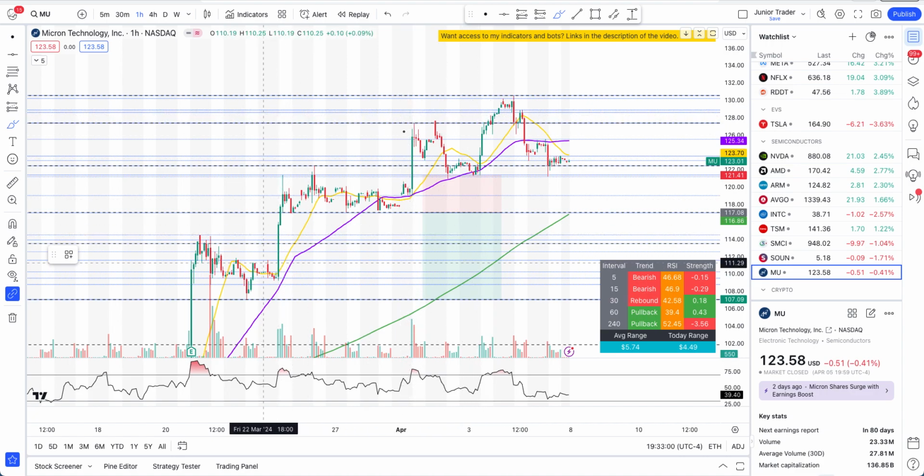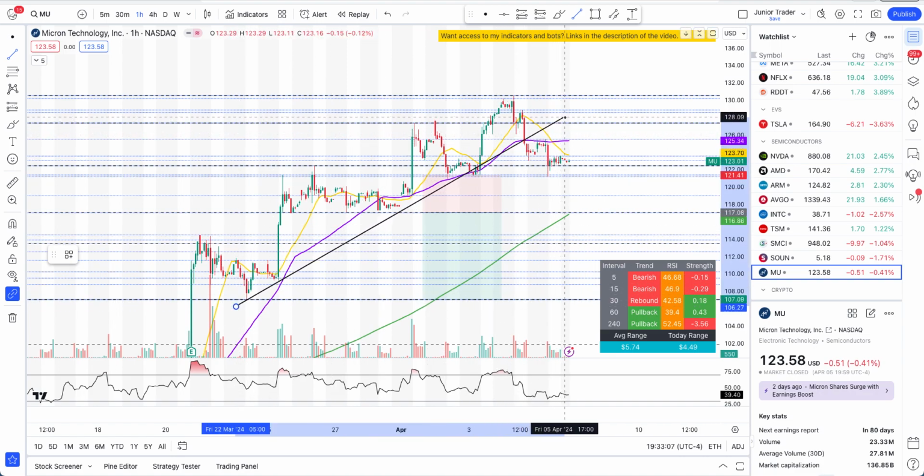When I say we have broken the structure, you can follow some sort of trend line here. It's not a perfect trend line, but it has had a lot of pivots met.